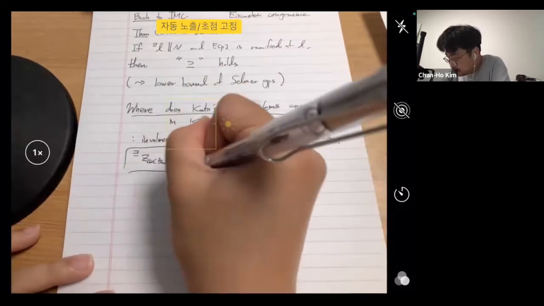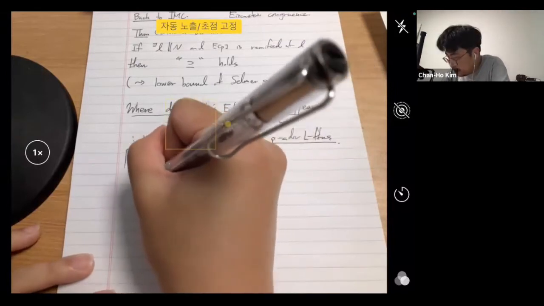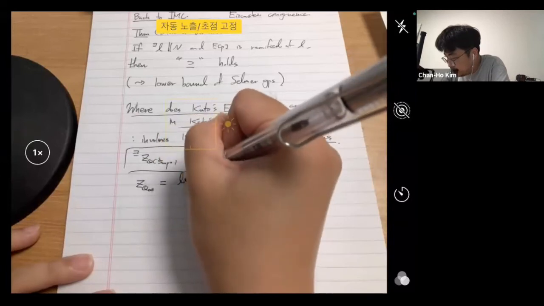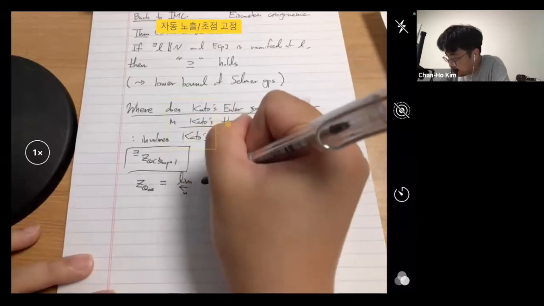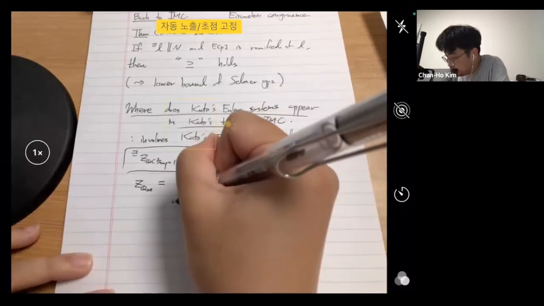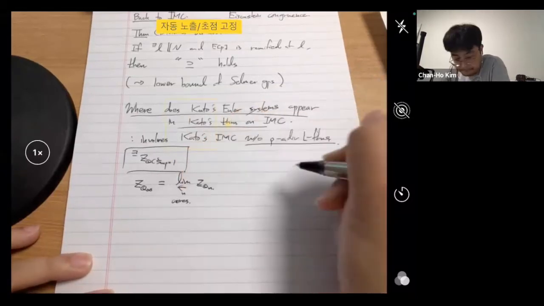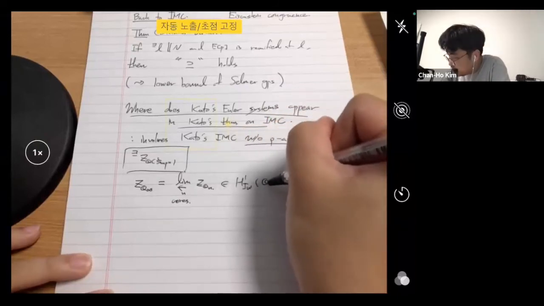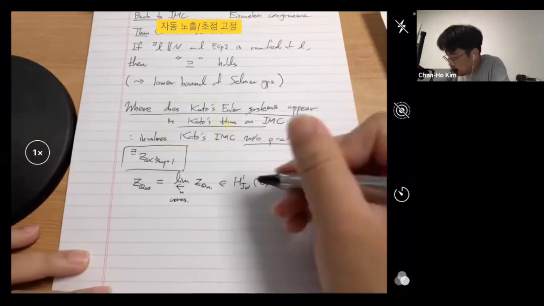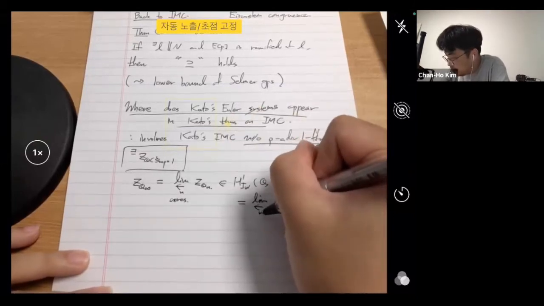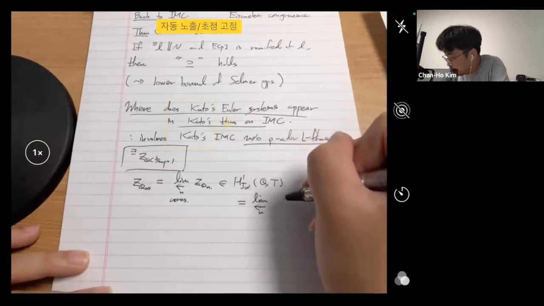So z_Q infinity is the inverse limit of z_Qn, with respect to the corestriction map, and it lies in the Iwasawa cohomology, which is the inverse limit with respect to the corestriction map.